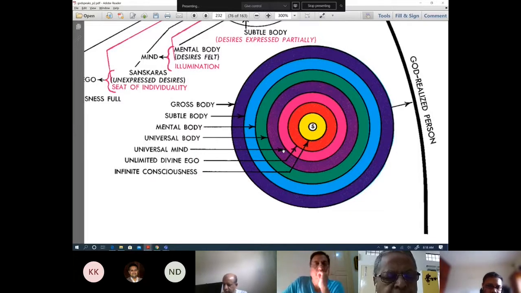And in a God realized soul, he is able to read and work with the minds of all the people. From there, you have the universal body. This is that Mahakarana Sharira, I think. Then you have the mental body, which is the green circle, the subtle body, which is the blue circle, and the gross body, which is the indigo outside.